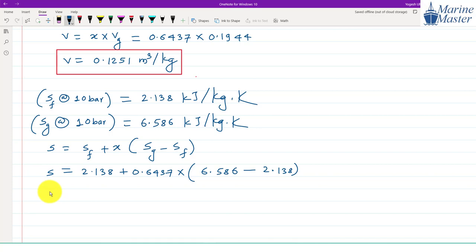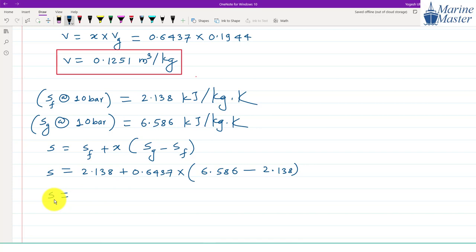Put these values in your calculator, guys. Always do the calculation with me. 2.138 plus 0.6437. If you want, you can pause this video and do the calculation, guys. Into 6.586 minus 2.138.